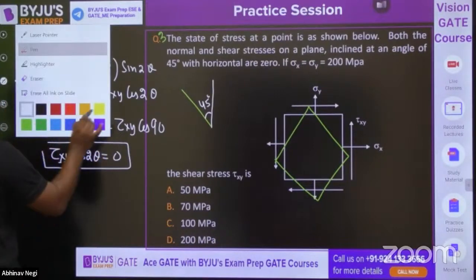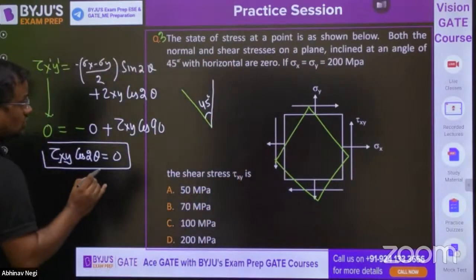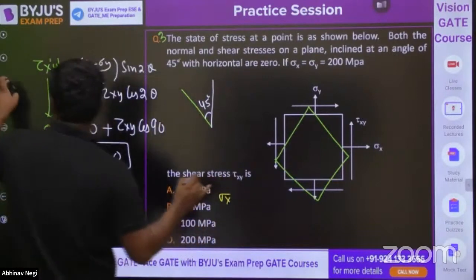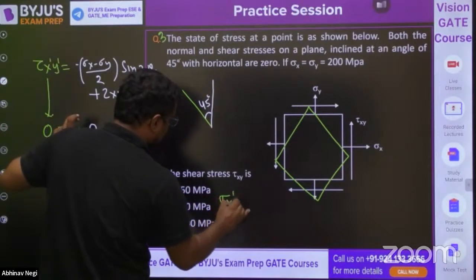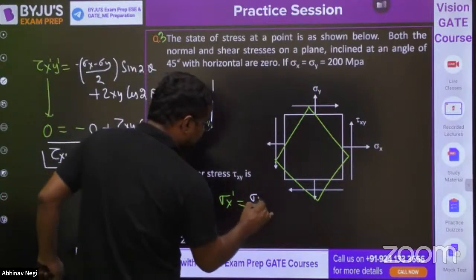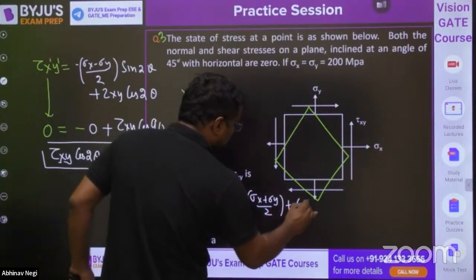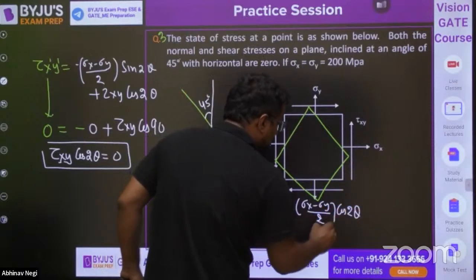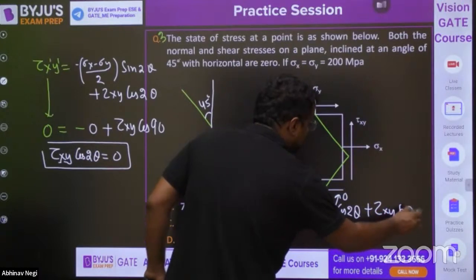Okay. Now after this, one more condition is given, that normal stress is also 0. So normal stress, let me write it here. Sigma x dash on this green plane is sigma x plus sigma y by 2 plus sigma x minus sigma y by 2 cos 2 theta, cos 90 will be 0, plus tau xy sine 2 theta.